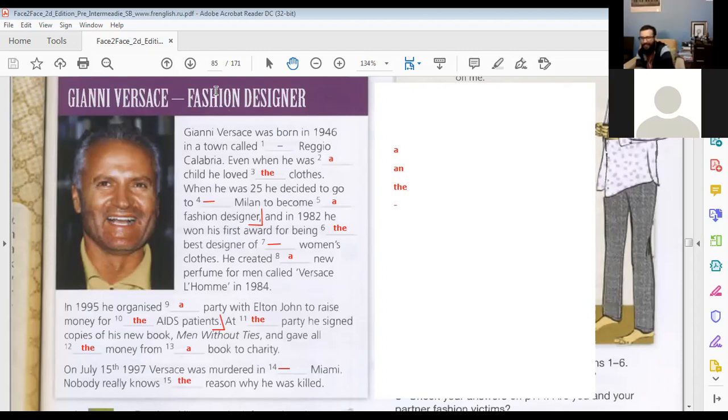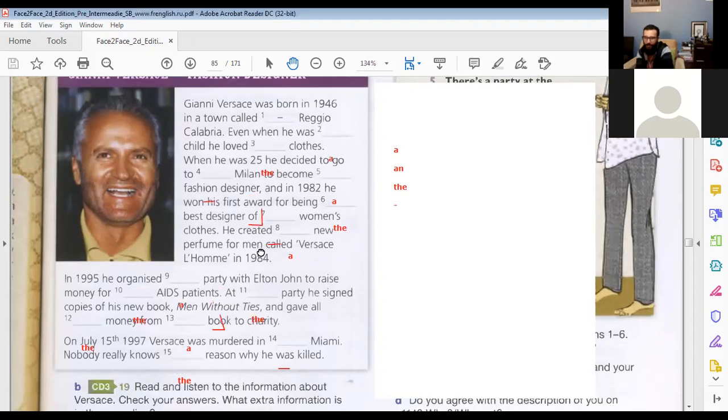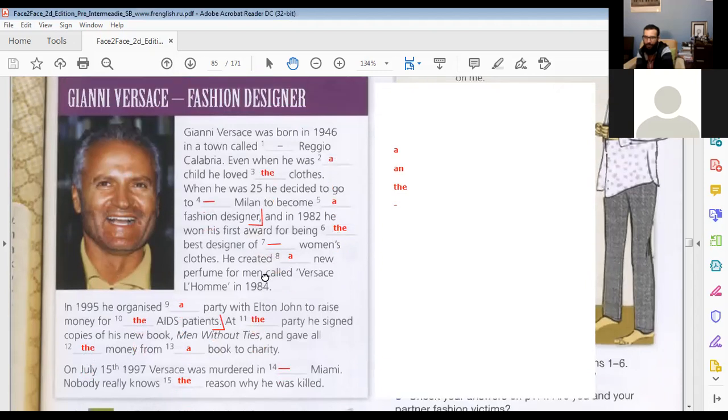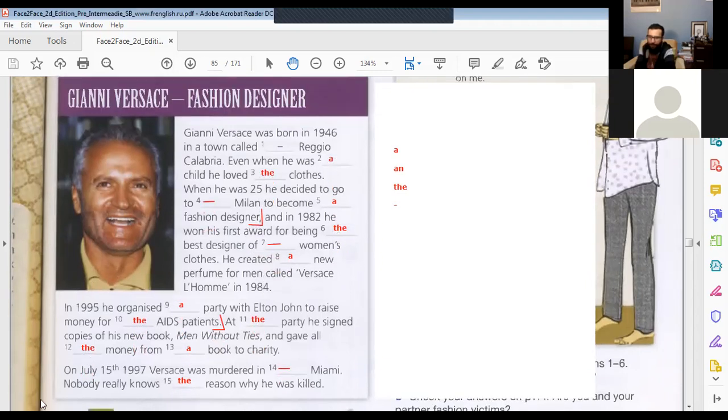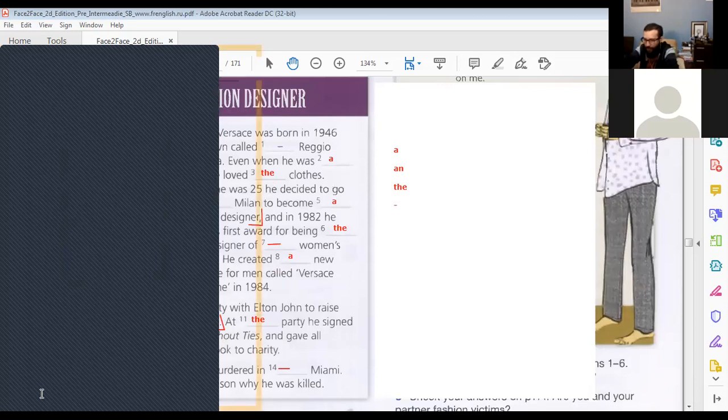Okay, so let's listen and find out. Let's see. So we need to go to track, where is it? Track 19, CD3, track 19. Let's take a look.